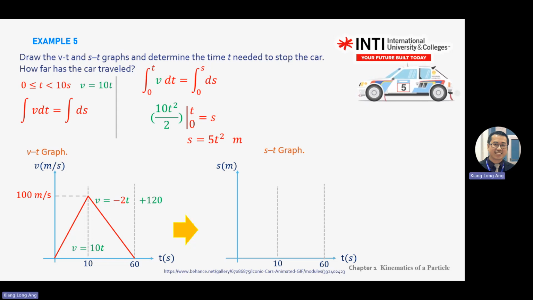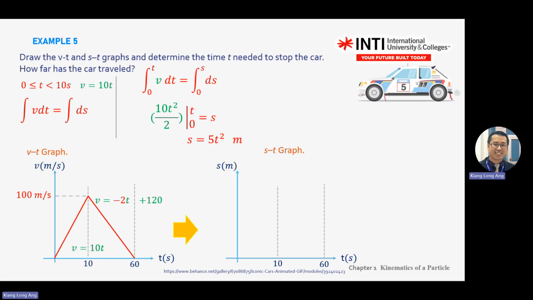The shape of the graph, you have to understand whether you are dealing with linear, quadratic or polynomial. So in this case, it's like that. But the full smiling is like that. But we're not dealing with the negative value. So just use your eraser to erase another half. Okay.